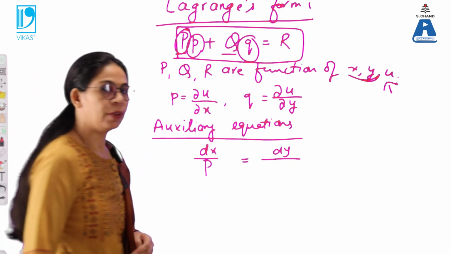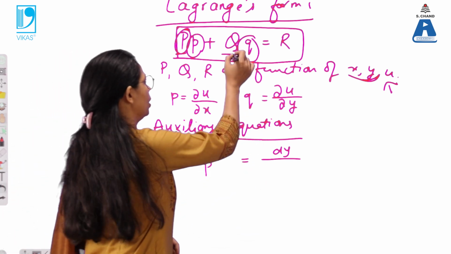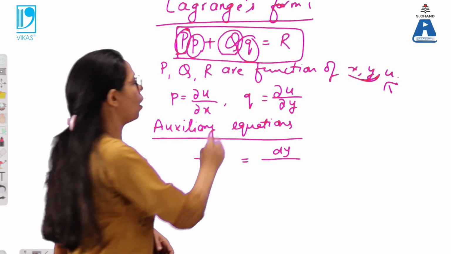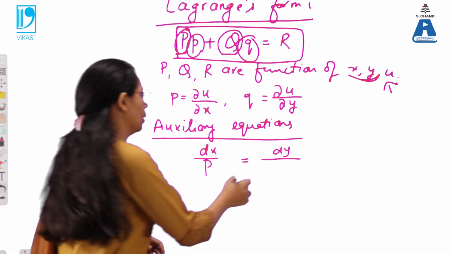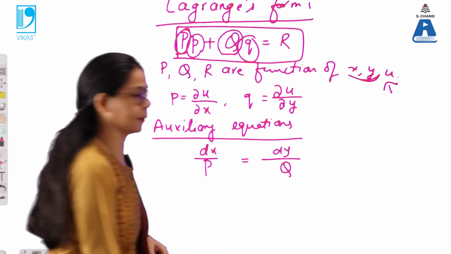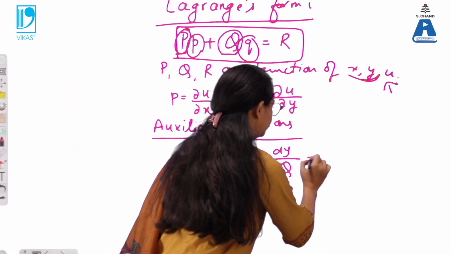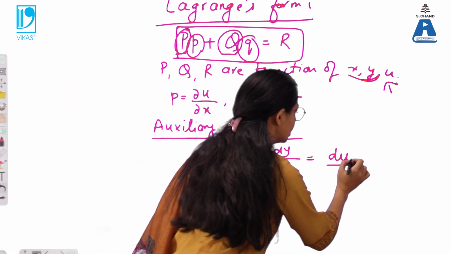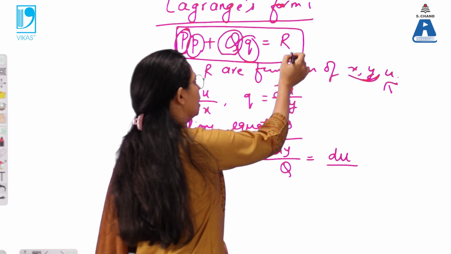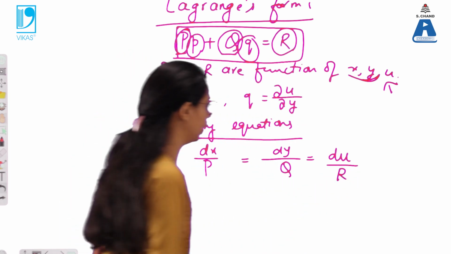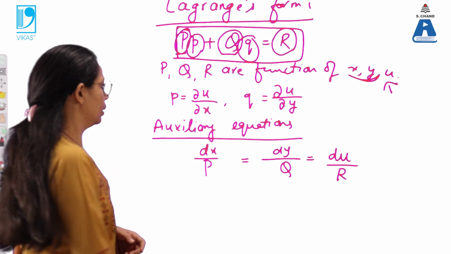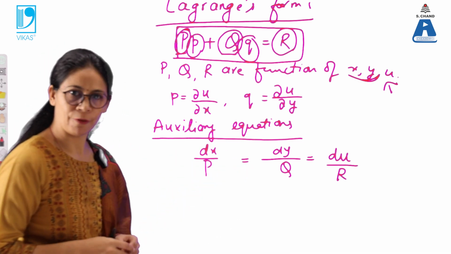Then the second independent variable is y, and the coefficient of the partial derivative of u with respect to y is capital Q, so this Q will be written here. And then the rest is our unknown function, and this R should be written in the denominator of du. That's how these auxiliary equations will be formed.